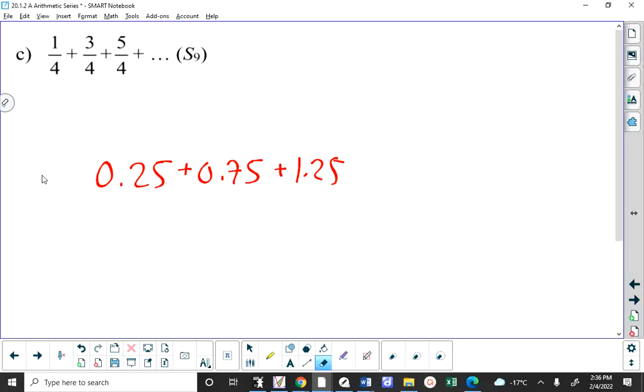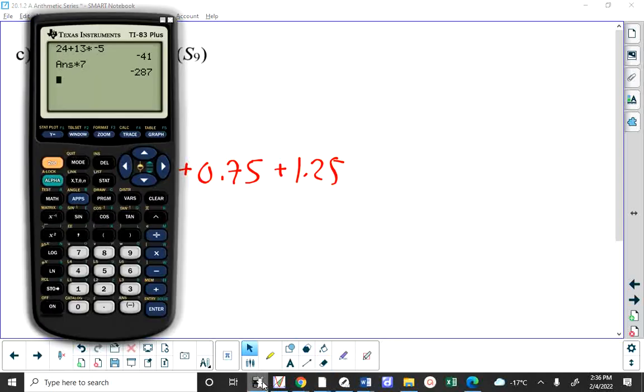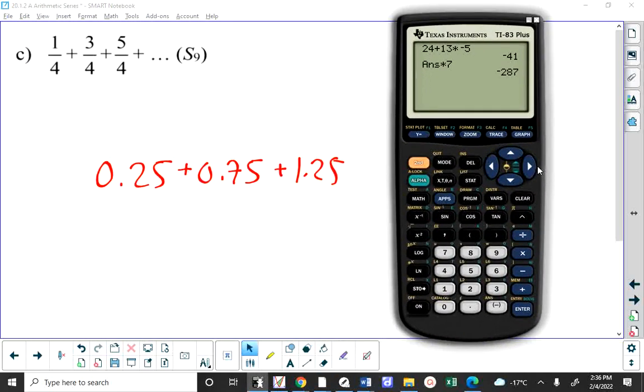I'm going to use this formula, the bottom formula. I want to find the sum of the first 9 terms. So I'm going to have to take 9 divided by 2 and multiply by, in brackets, 2 times the first term, plus n minus 1 times the common difference.